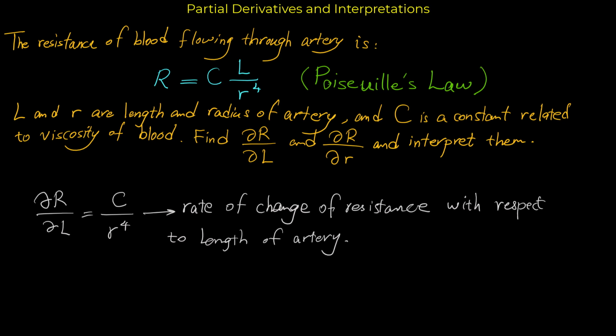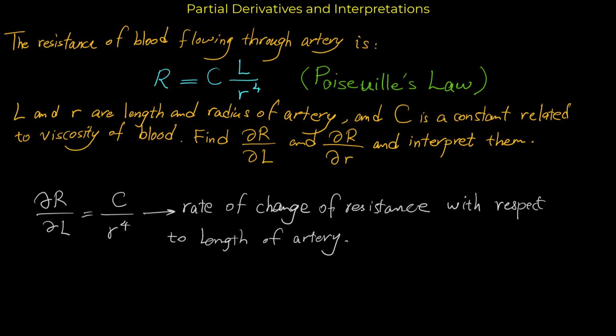So this is the interpretation for the partial derivative of R with respect to L. And of course, this interpretation is when we consider the other terms as constants. So the radius we consider constant at that moment, and C is totally constant.